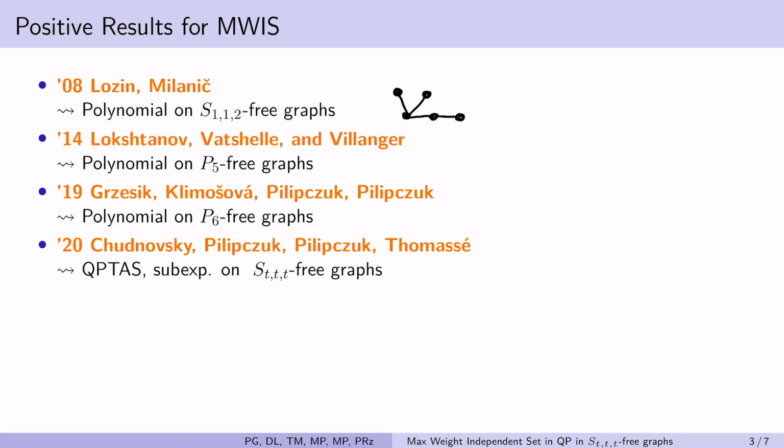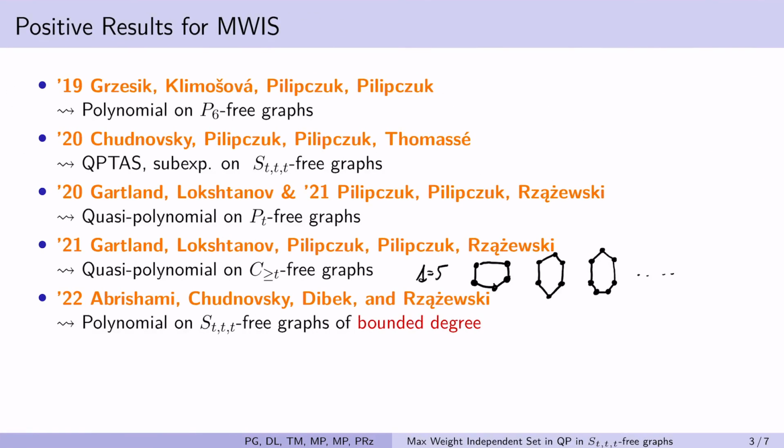So what about some weaker result than polynomial? There was a QPTAS and a subexponential algorithm on S_{t,t,t} graphs in 2020, and recently afterwards there was a breakthrough into the quasi-polynomial barrier by Gartland and Lokshtanov on P_t graphs, and this was subsequently simplified by Pilipczuk and Rzążewski, and also the whole framework was generalized to C of length at least t, so this is not forbidding a single graph, but forbidding all cycles of length at least t.